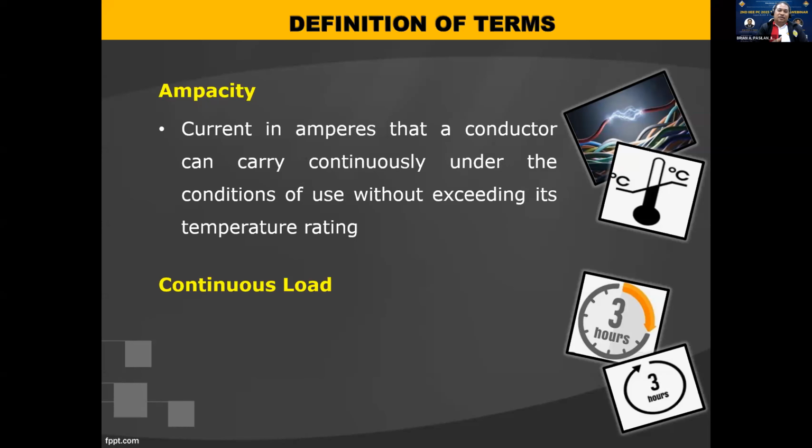So pinakamaliit TW at 60 degrees, si THW at 75 degrees, at THHN at 90 degrees, no? So, the amount of current that they can carry na hindi siya masisira, na makahandle pa yung temperature handling of the insulation, ito yung tinawag natin na ampacity.